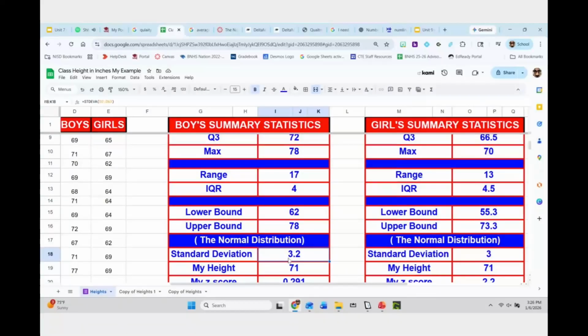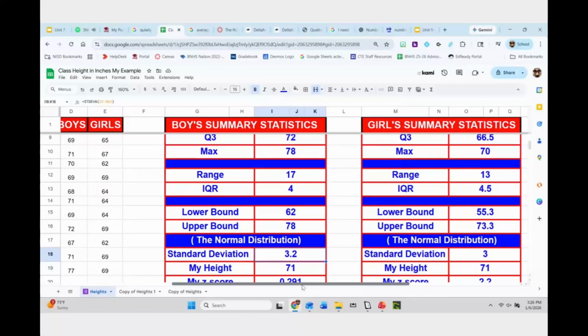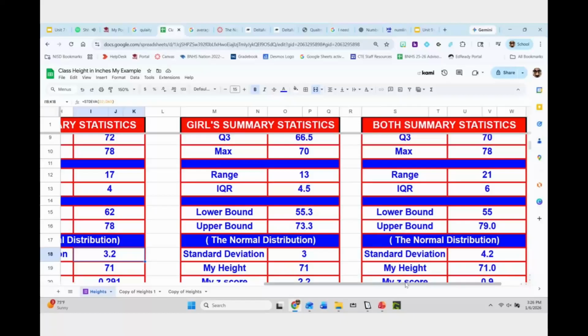So if I look here, if I have a standard deviation of 3.2, 3.2 is larger than 3 for the girls. So the spread on the boys for standard deviation is spread out a little more, not much, but it's a little more. And then if I look at that for both of them, that should be expected for both boys and girls to have a larger spread. So this one would be a larger spread standard deviation for both.